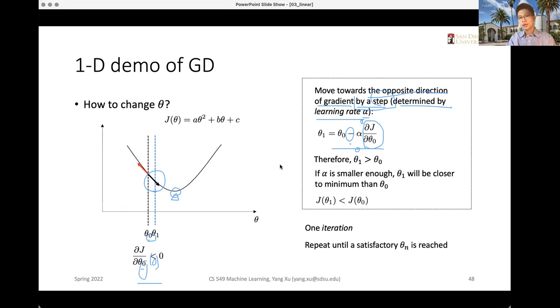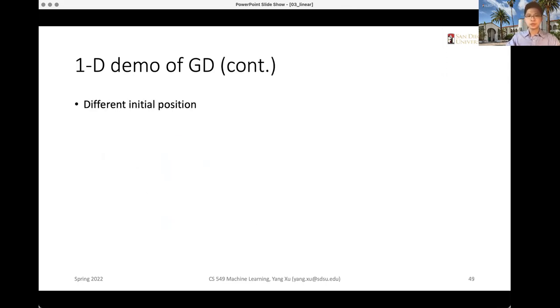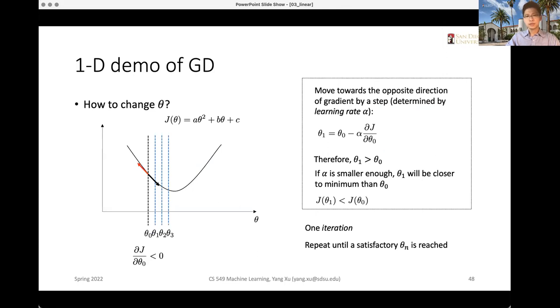All we need to do is to repeat this process until a satisfactory theta n is reached. Okay, so that is the so-called gradient descent algorithm. As you can see, we're approaching theta 2, theta 3, and it's going to reach somewhere near the theoretical minimum point.